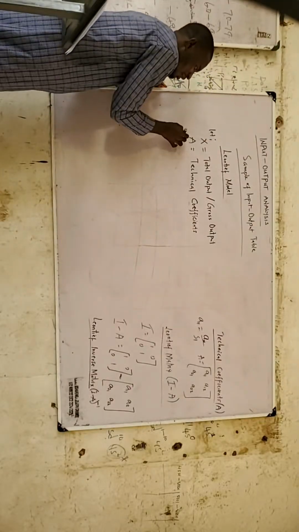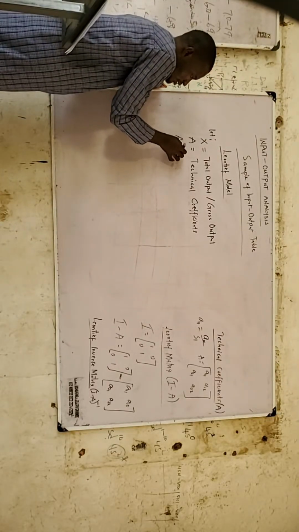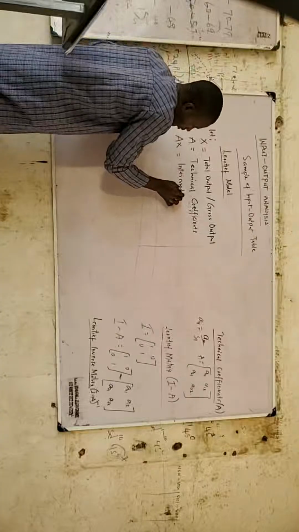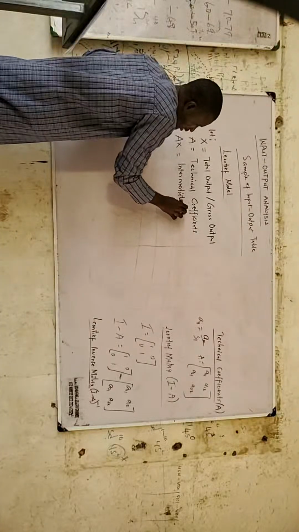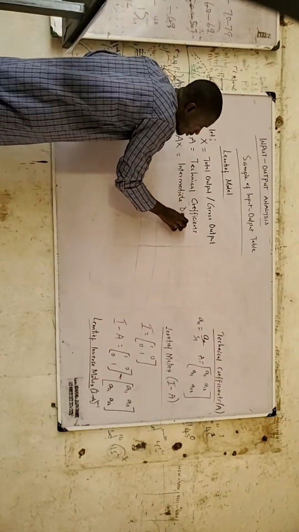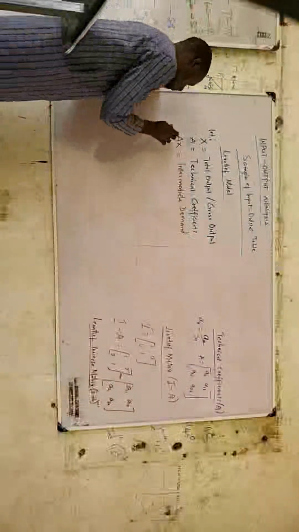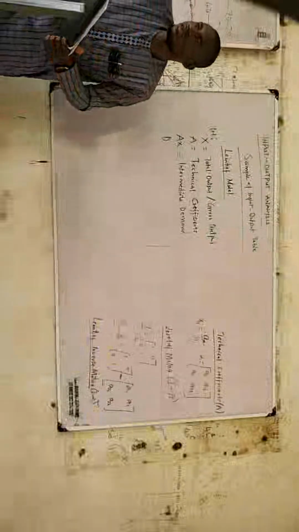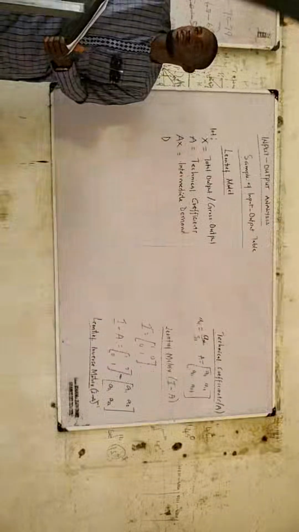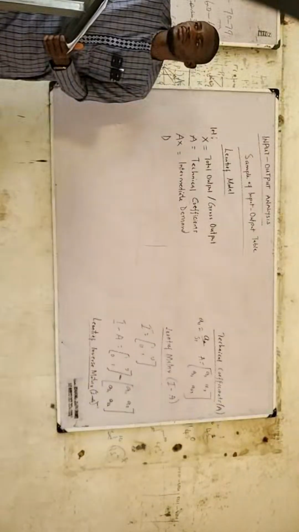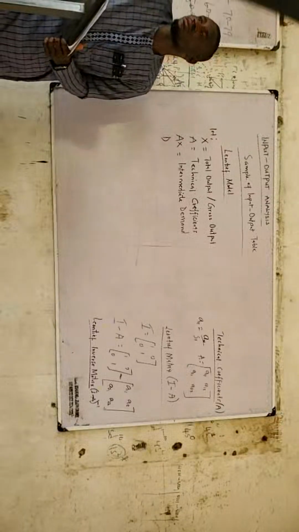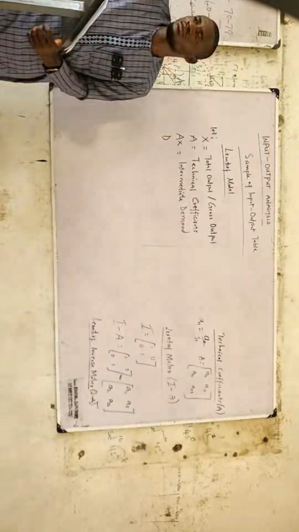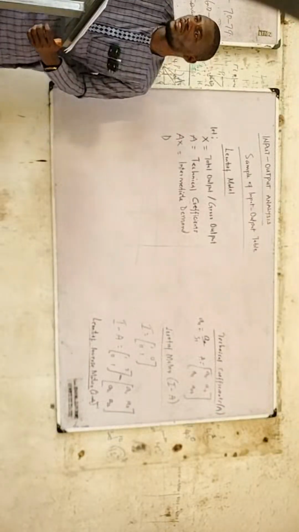Then let AX represent the intermediate demand. Then I don't know that he used D to represent final demand with F. It's D or F.